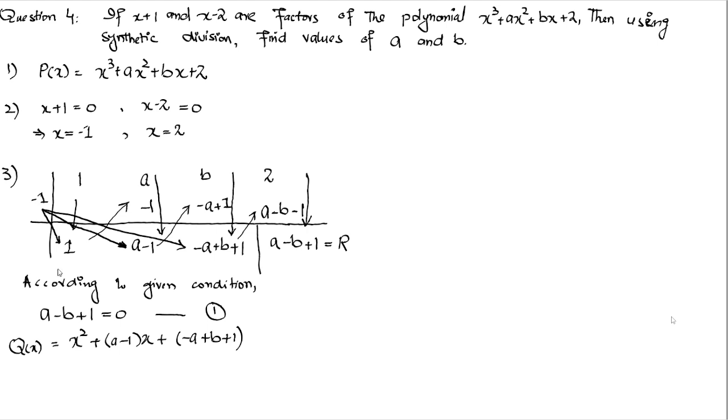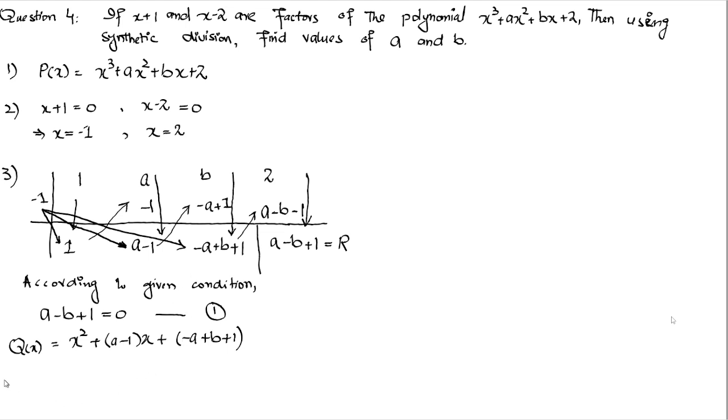This is the quotient which is obtained by performing the synthetic division. The polynomial has a greatest power of 3, so the quotient will have a highest power 1 less than the highest power of the polynomial. So 3 minus 1 is 2. So this will be the coefficient of x square. This will be the coefficient of the next term, which is x, and this will be the constant term.